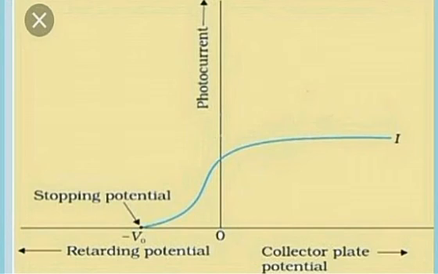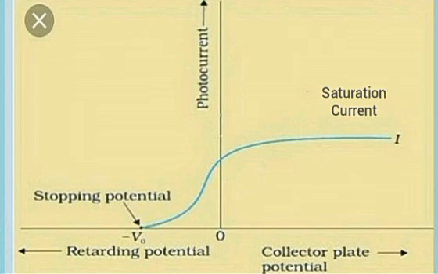Next, in the graph, the potential is taken along x-axis and the photocurrent is taken along y-axis. So you are observing the curve nature, right? When potential is 0, photocurrent is not zero.